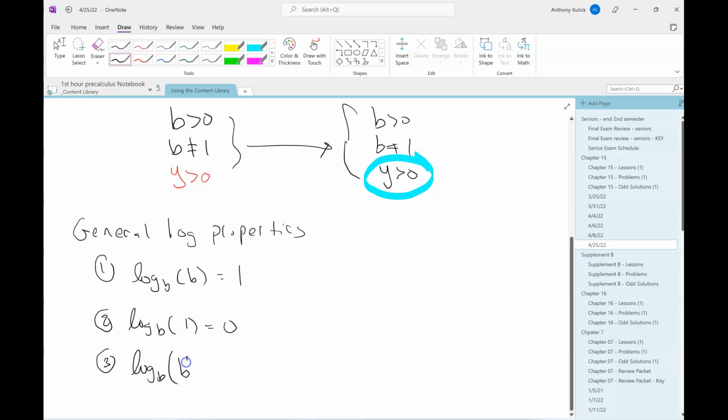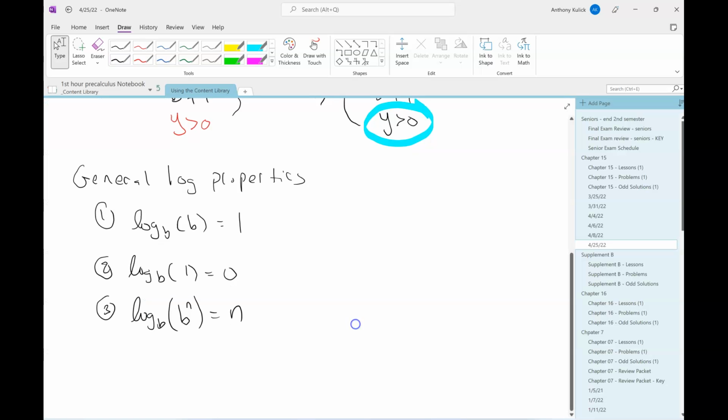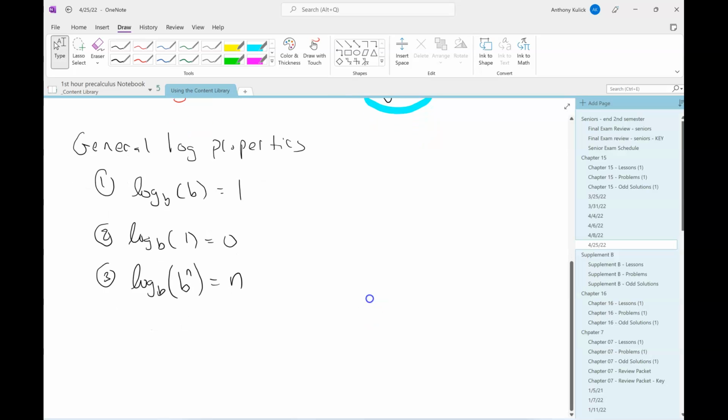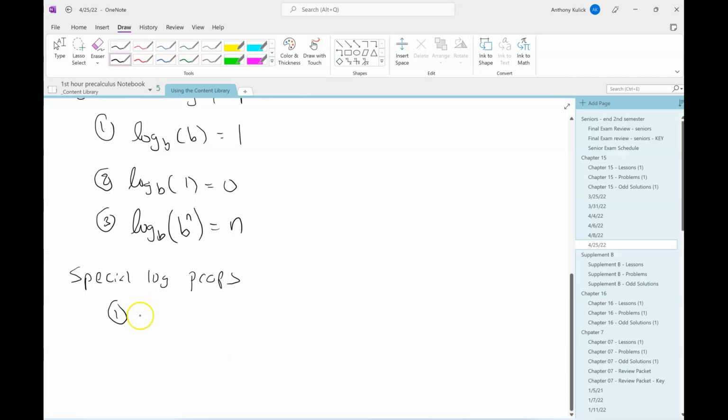Log base b of b to the n is just n. So those were general properties that we could use to work with our logarithms. We had a couple of special logarithm properties, and that was the last thing that we had looked at. Those were the product, power, and quotient properties.